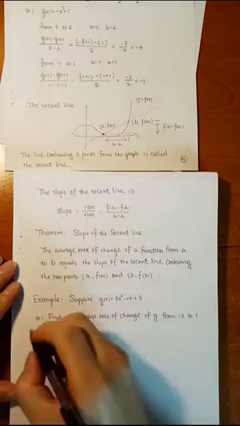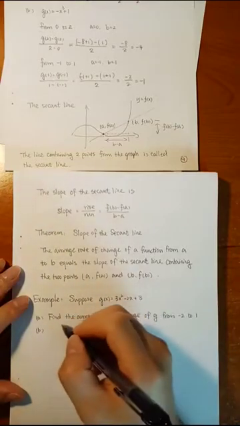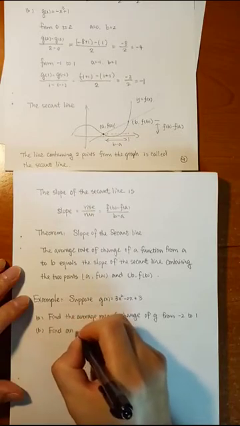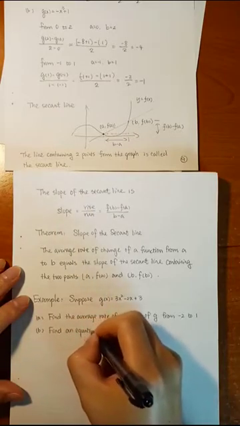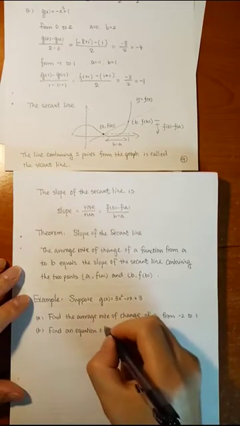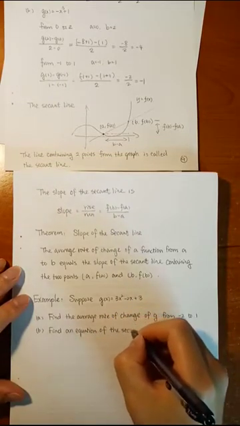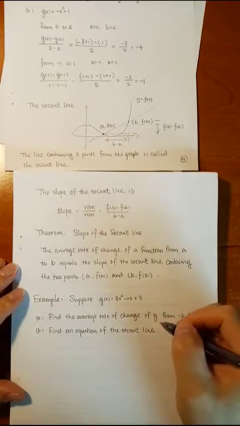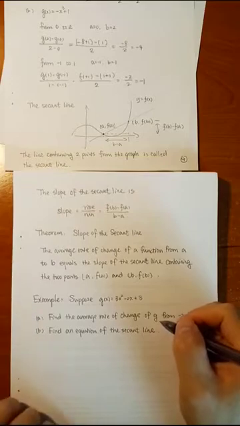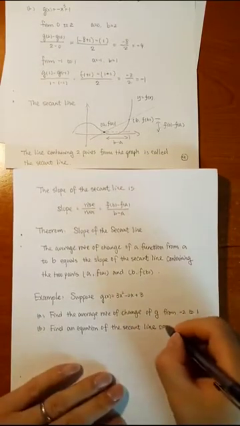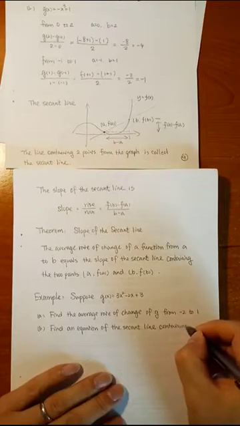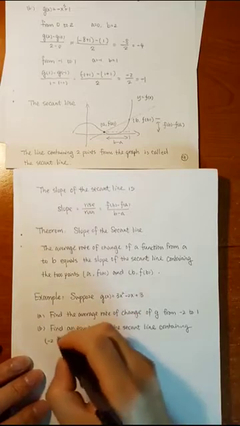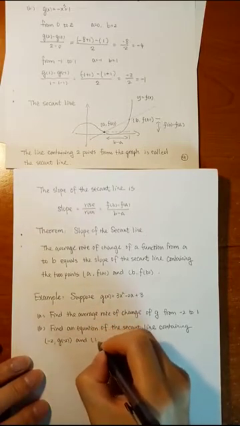And second, find an equation of the second line containing (-2, g(-2)) and (1, g(1)).